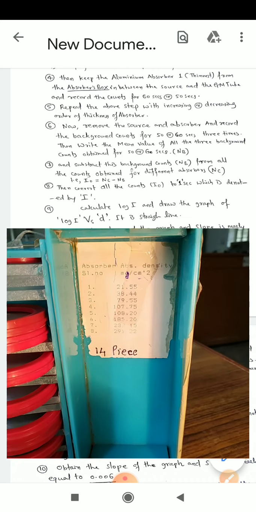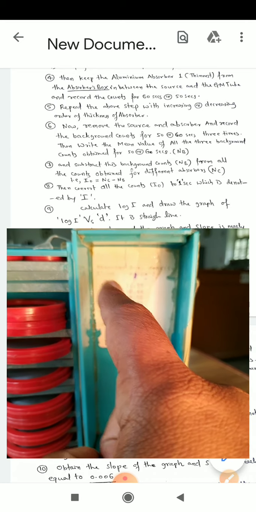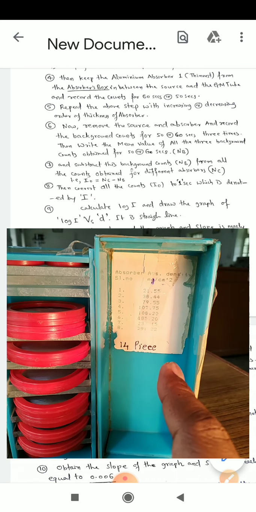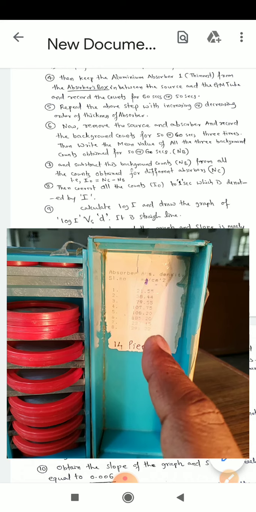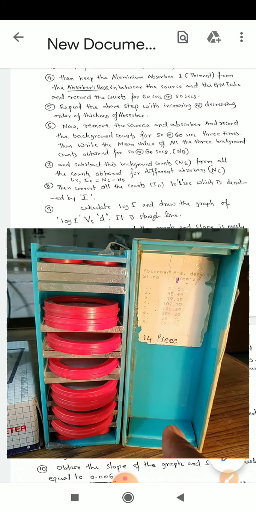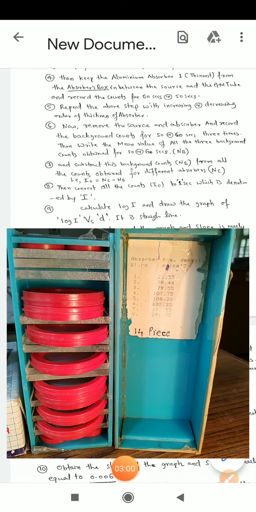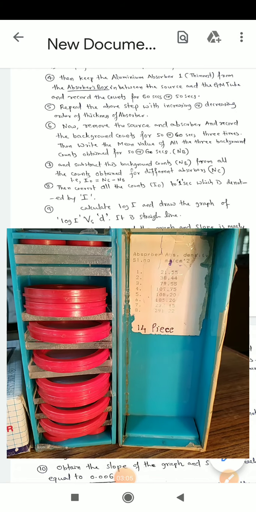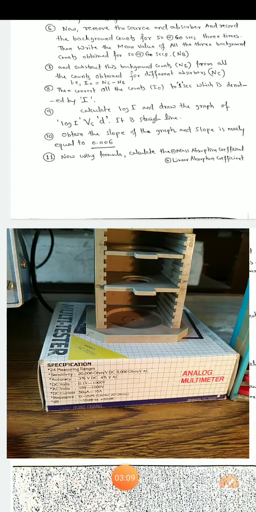The density thickness of the absorber is given here, for serial number 1, 21.55 milligram per square centimeter, and like this 38.44, and so on for all the 8 absorbers. You need to note down these thicknesses in the tabular column.